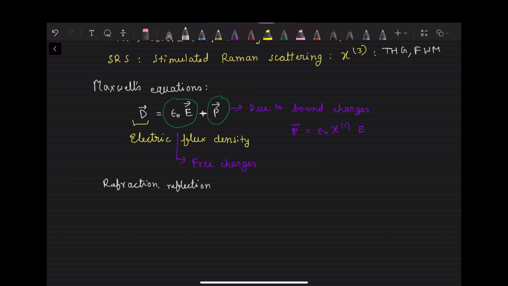But in nonlinear optics there can be some energy exchange. So these are linear optics, where lights don't talk with one another.